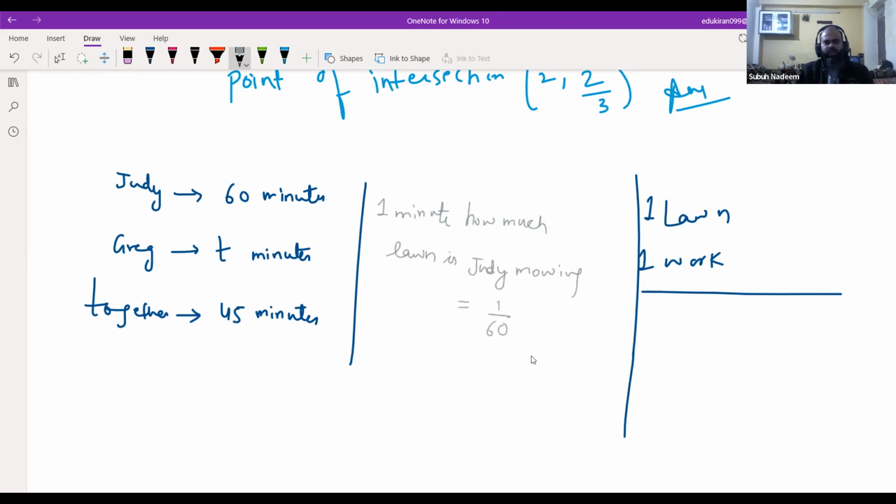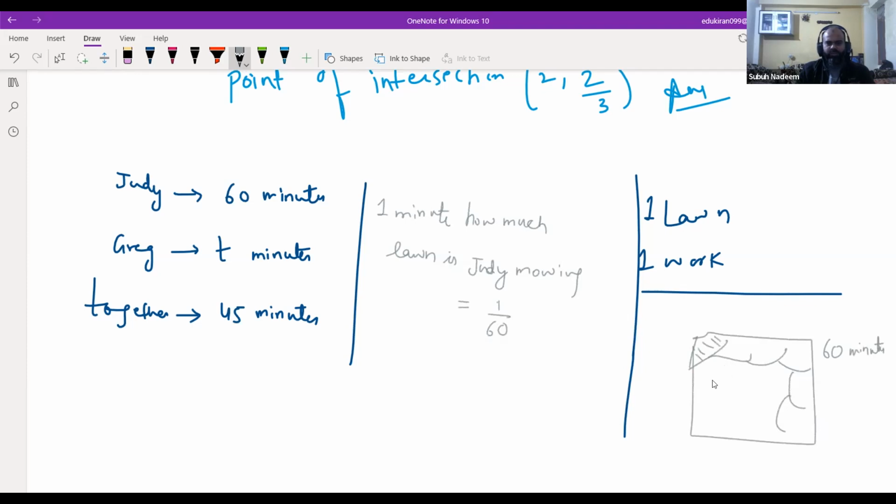Consider that a lawn is divided into 60 equal parts, and it takes Judy 60 minutes to completely mow the lawn. So in 1 minute, she is mowing only 1/60 of it.